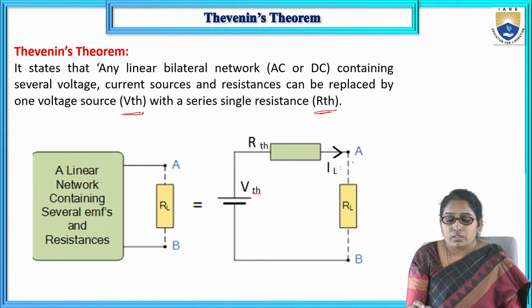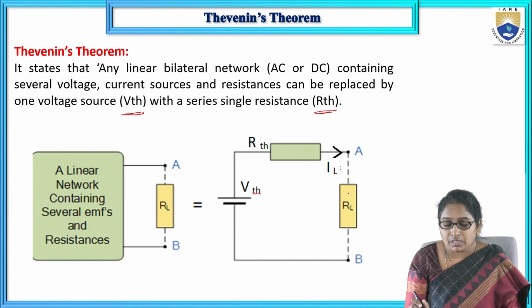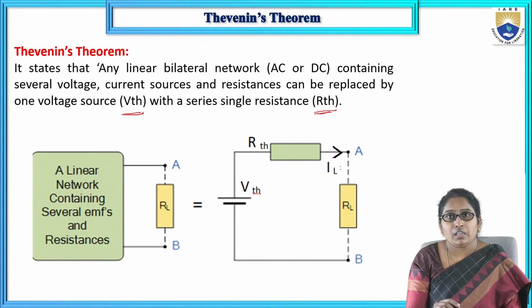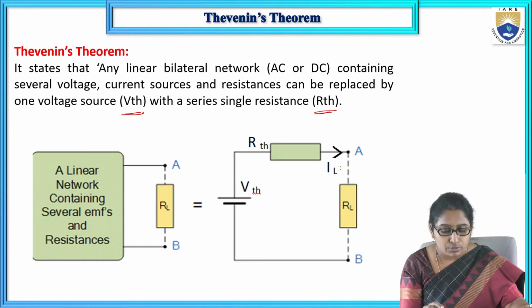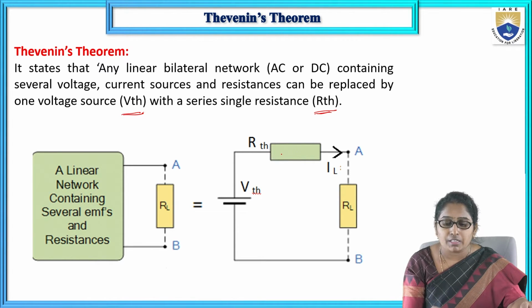The load resistance is kept; we are not disturbing the load output terminals and its load resistance. So this is the meaning: a network containing several EMFs and resistances replaced by a voltage source with a single series resistance. This is the equivalent circuit of Thevenin's theorem.